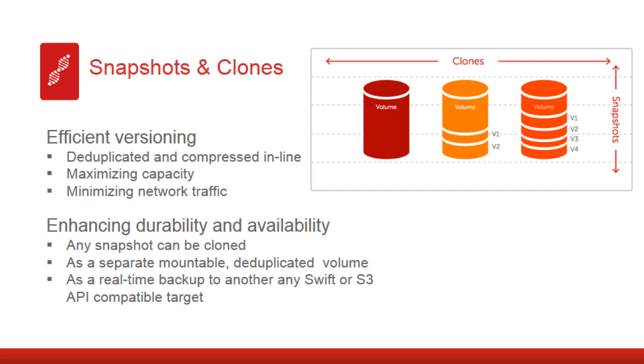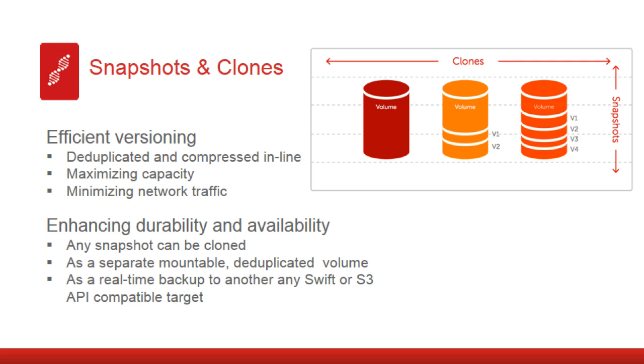Snapshots and clones are what you need in today's market to really just stay in the game. What's really nice here is the idea of how I do this as efficiently as possible.